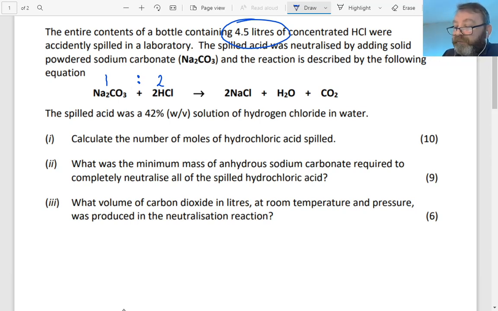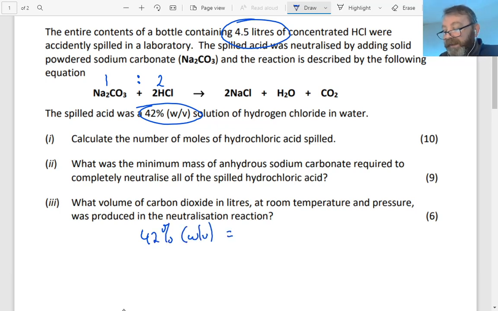The spilled acid was a 42% WV solution of hydrogen chloride in water. Now, what's 42% WV? 42% WV means weight in volume, and the 42% means 42 grams in 100 centimeters cubed. Okay, now two things here.